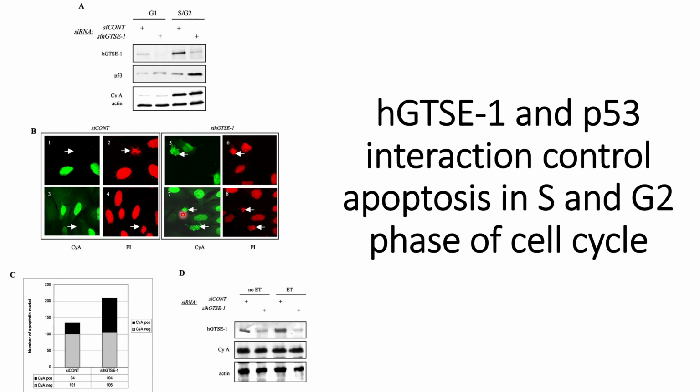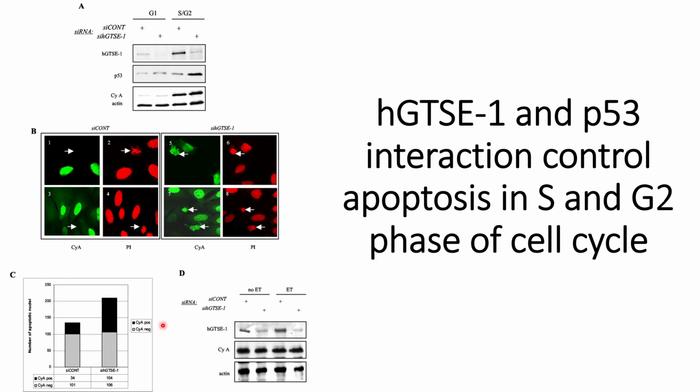Whereas in this seventh figure, the cells are in S and G2 phase, since they are cyclin A positive, and the same cells are in apoptotic condition, as shown by propidium iodide staining of the nuclei. So this is the computational strategy to check whether cells are in S or G2 phase, and whether they are apoptotic, through propidium iodide.